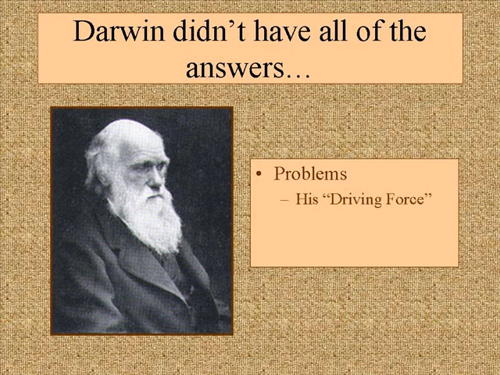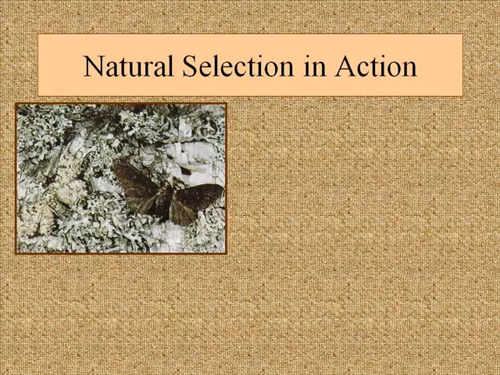The first problem is with his driving force. You recall that he thought the competition for resources, the struggle for existence, is what pushed all of this along. But in looking at nature, certainly we can see that happening, but we can see other factors coming into play as well that he didn't consider. For example, we can look at the peppered moths in England. There are two variants that occur naturally, a light-colored moth and a dark-colored moth.